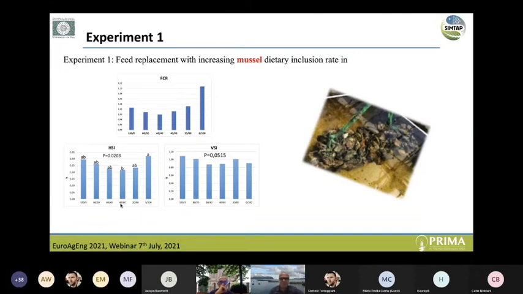This means probably that the metabolism of liver is improved when we provide a more balanced diet. And this is what we saw when we mixed the two raw materials.